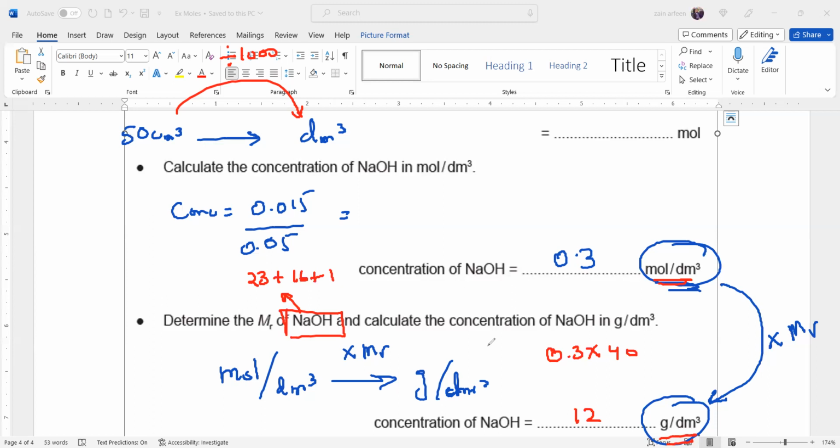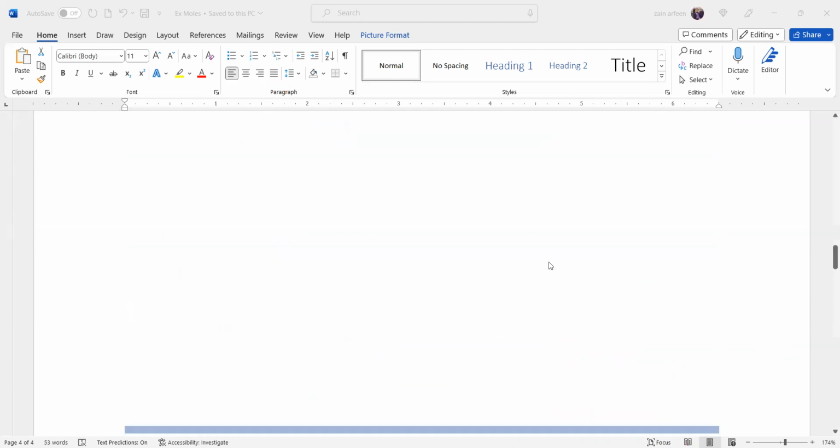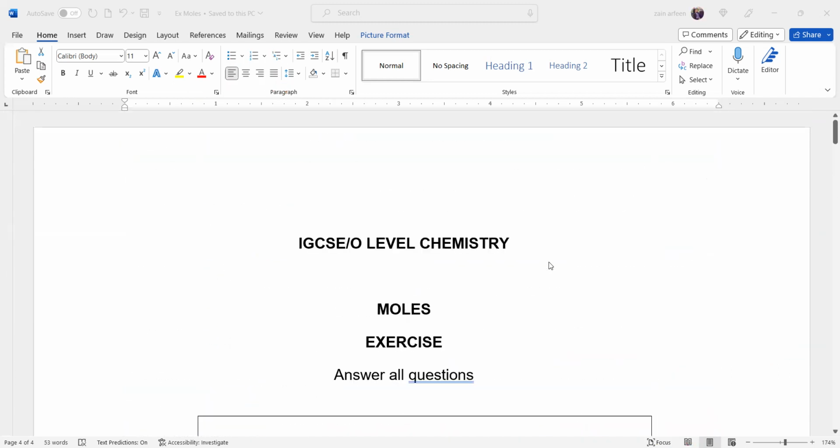So the concentration of sodium hydroxide is 12 grams per decimeter cube. Is this part clear? Clear, sir. So this was question 3 related to the moles exercise. Next session we'll do more from this exercise, more on this topic.